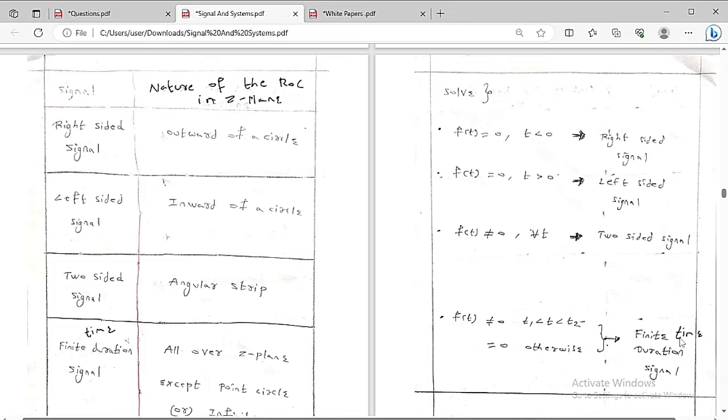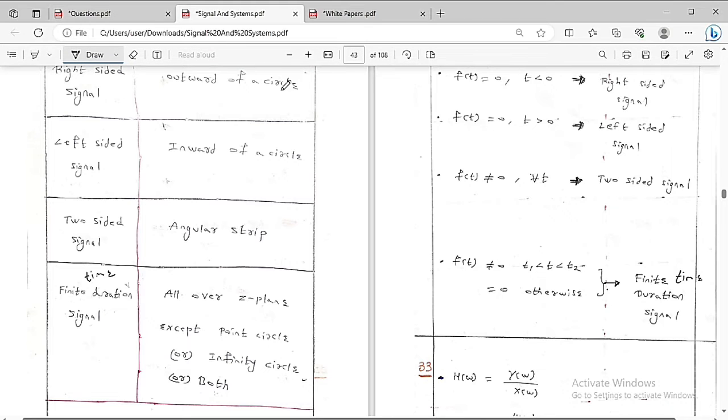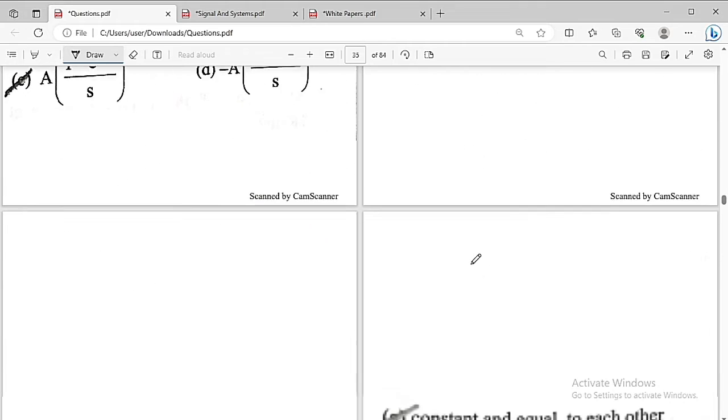For a finite time duration signal, the ROC can be the entire z-plane except the origin or infinity or both, depending on the conditions, as I already told you many times. So always keep these things in mind. Finally, option C is the correct solution of this question.